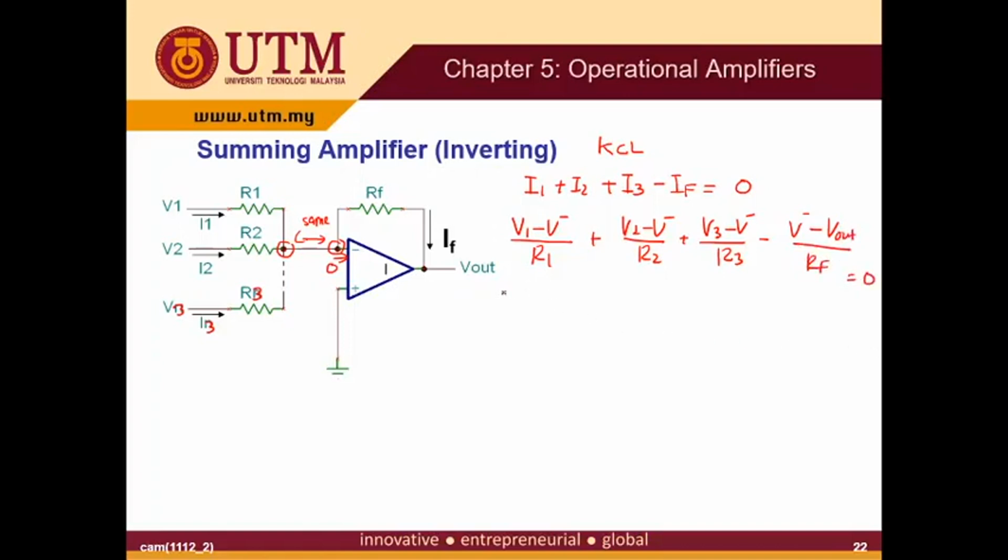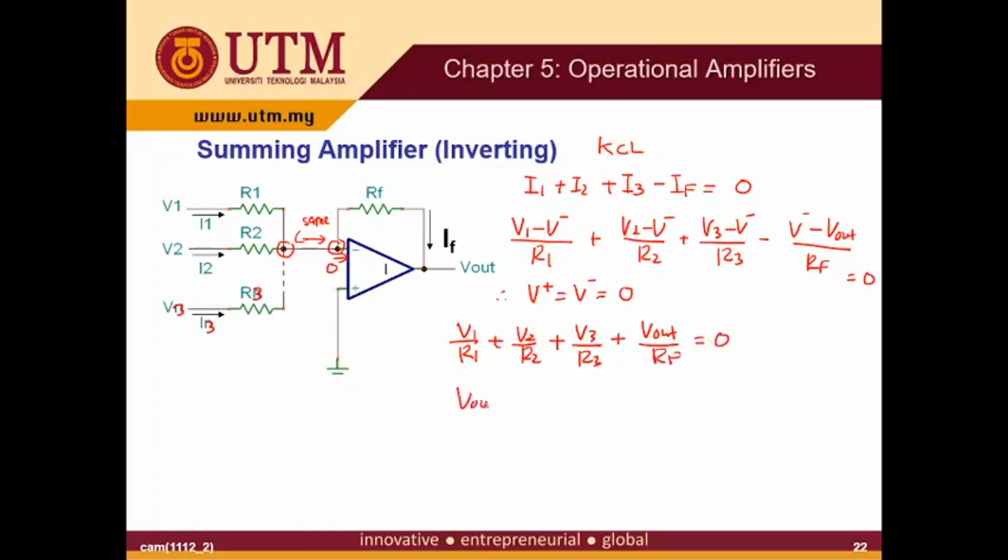Now V plus is equal to V negative is equal to 0 because this is grounded. So you can modify the above equation as V1/R1 plus V2/R2 plus V3/R3 plus Vout/RF equal to 0.